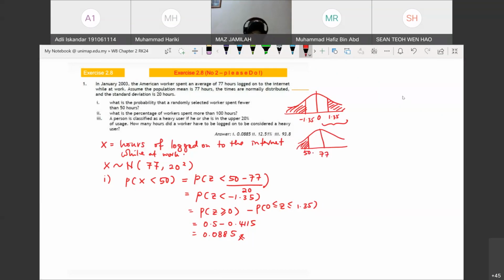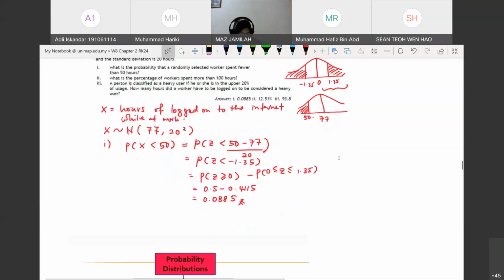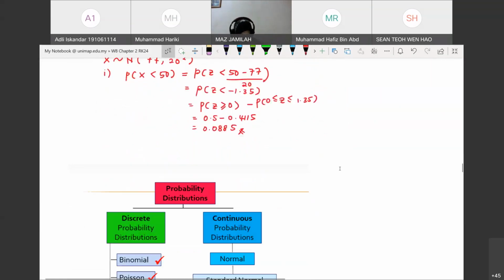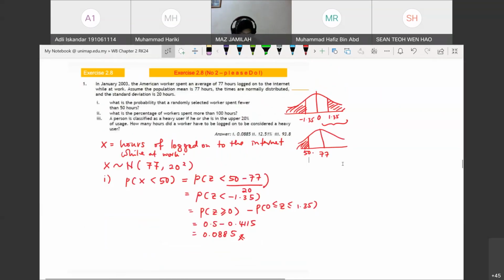Now, what about the second question? What is the percentage of workers who spend more than 100 hours? So second question, P(X greater than 100).